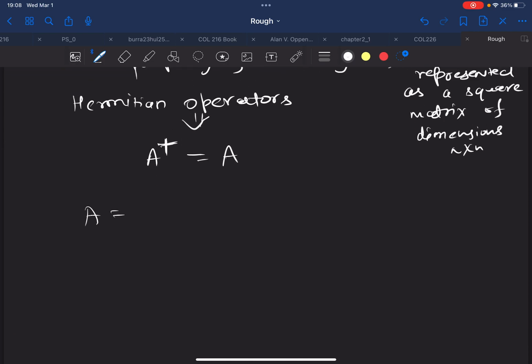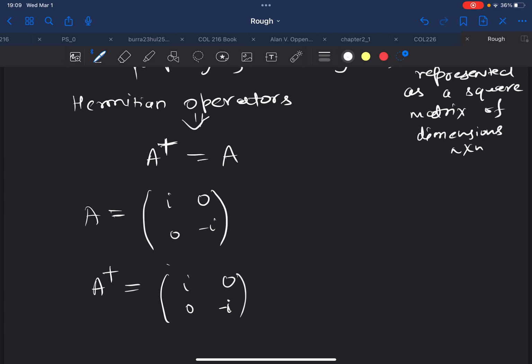Suppose we have an operator A, which is denoted in the matrix notation as this: iota, 0, 0, minus iota. Then the Hermitian conjugate will be evaluated as follows: first we take the transpose of this operator, and we get the same result.